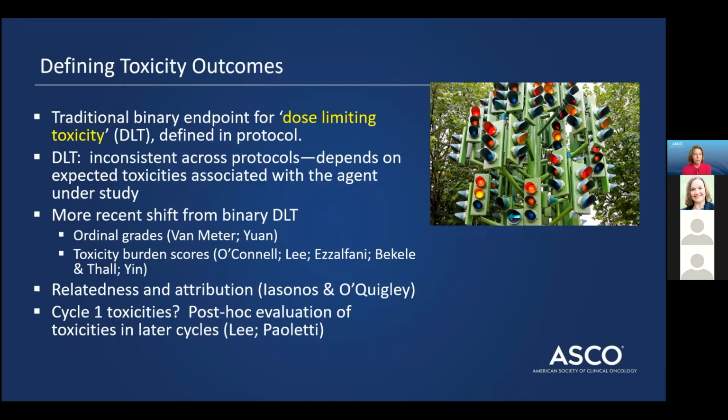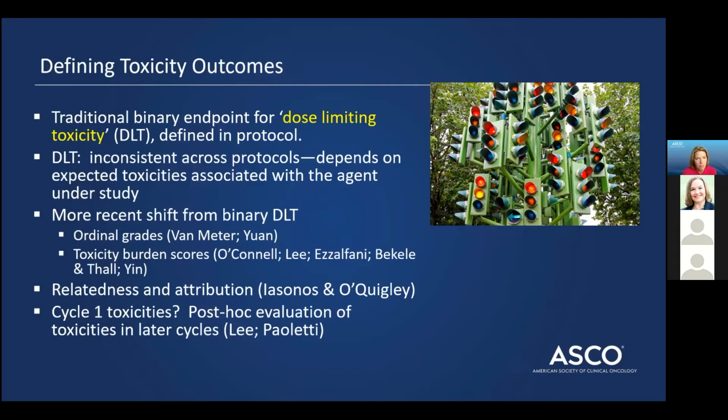There has been a lot of work in recent years recognizing that a single binary representation of a patient's toxicity or adverse event profile on a phase 1 study does not really well encapsulate their experience. So work has been done on developing ordinal grades for toxicity, thinking that that would have a little bit more sensitivity and information in it than a simple binary endpoint. And then also toxicity burden scores.